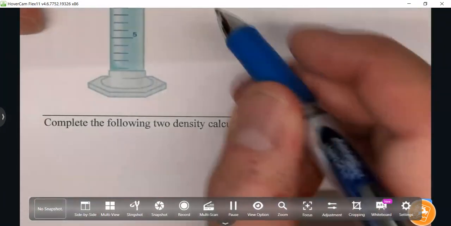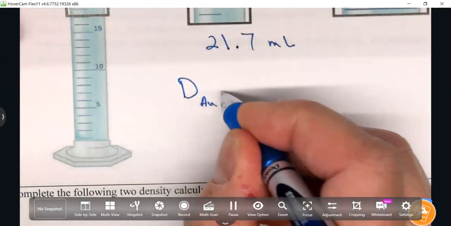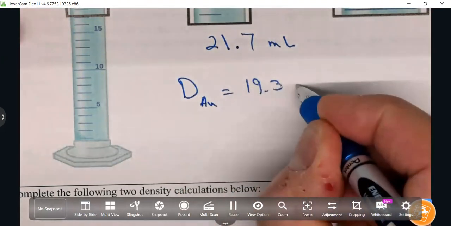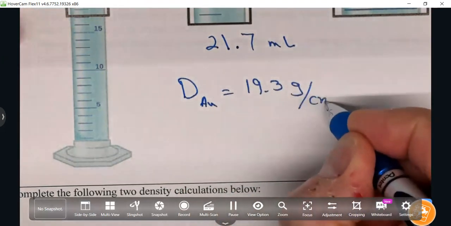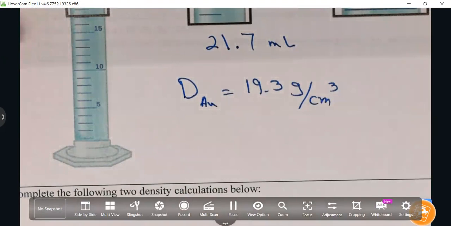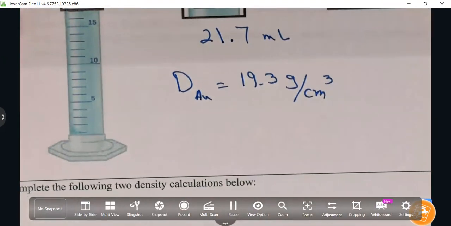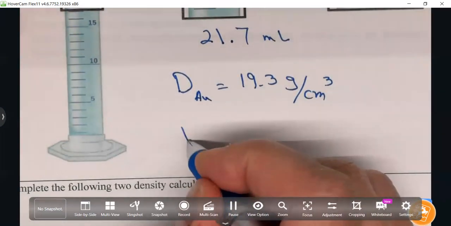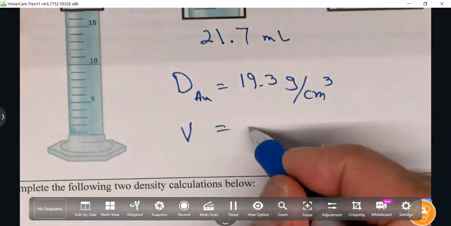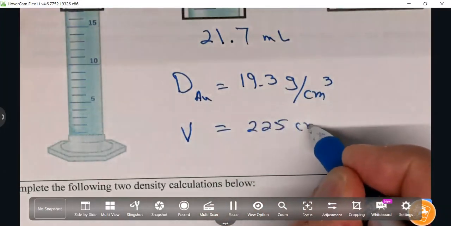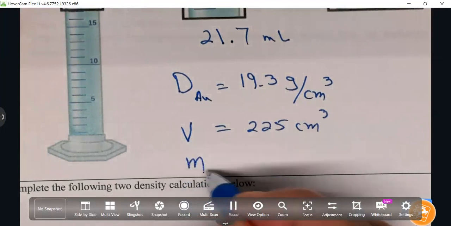Here's an example. Okay. Let's say we know that the density of gold is 19.3 grams per cubic centimeter. Okay. Then we know the volume of our object is 225 cubic centimeters.